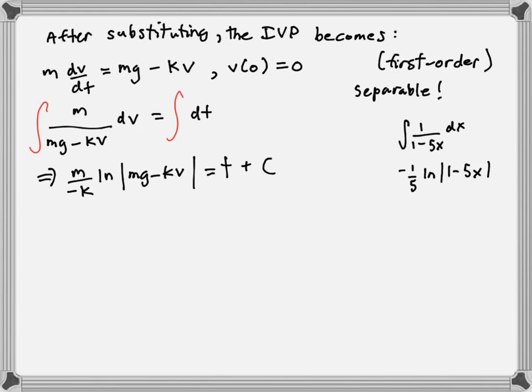Now we're going to find the c by using the initial condition.